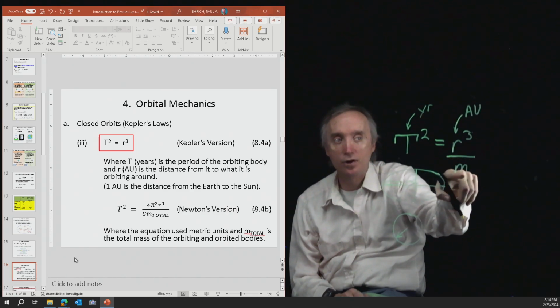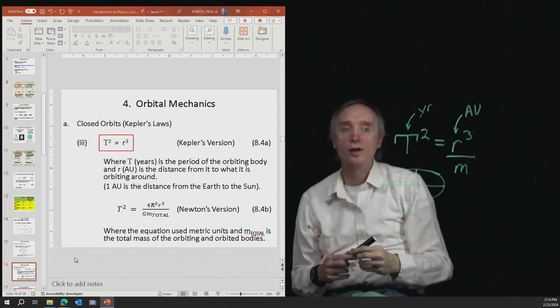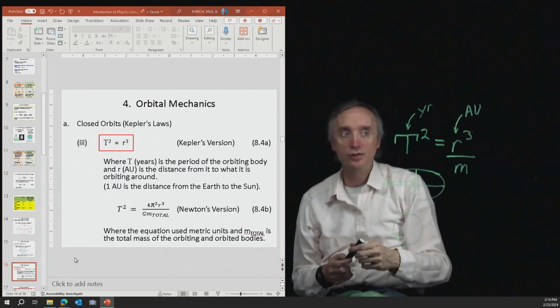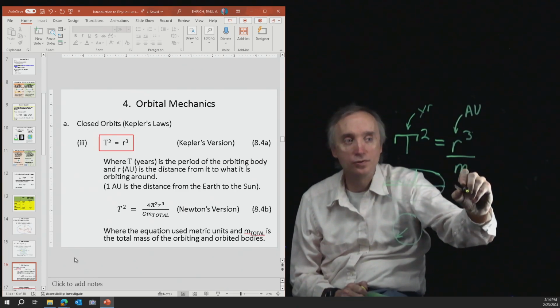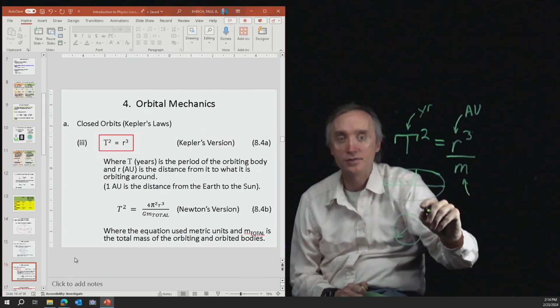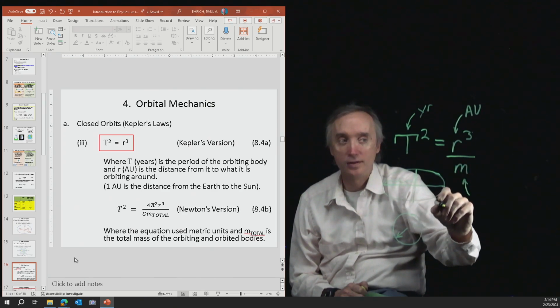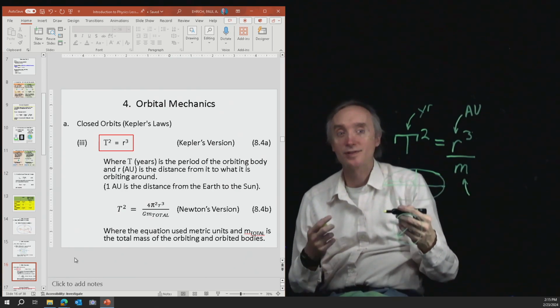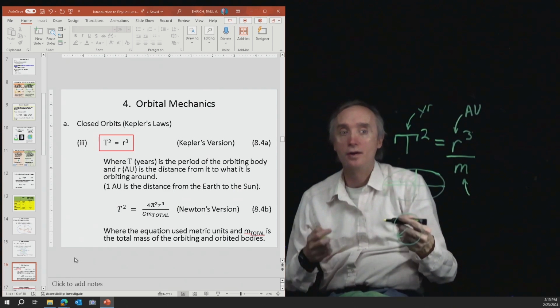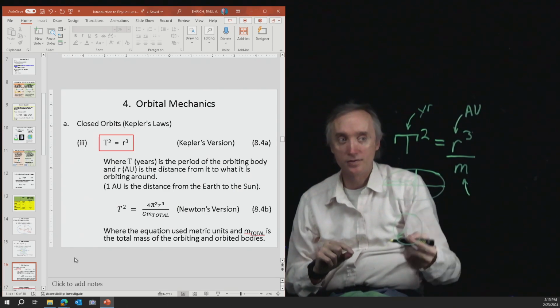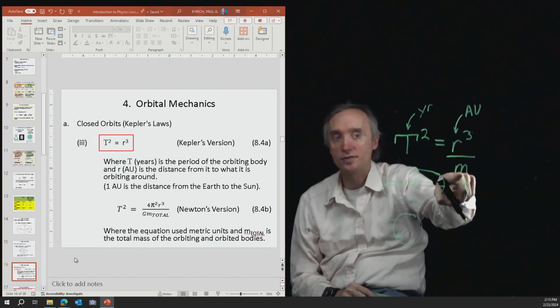If we want to keep this dimensionless, then the unit that goes into this formula is solar mass units. The mass of the Sun in solar mass units is 1, so we would just plug in a 1 for this m.